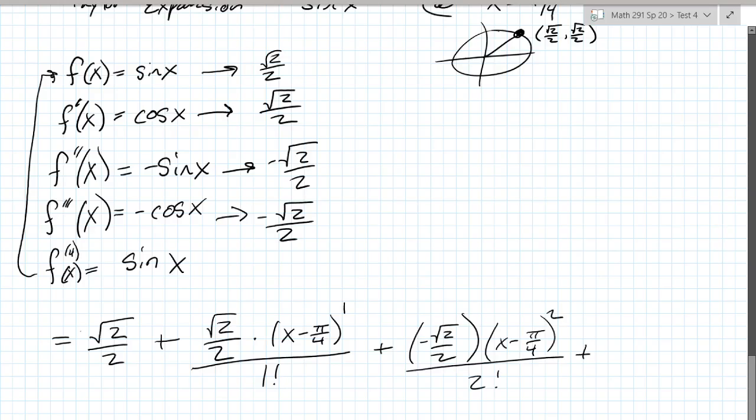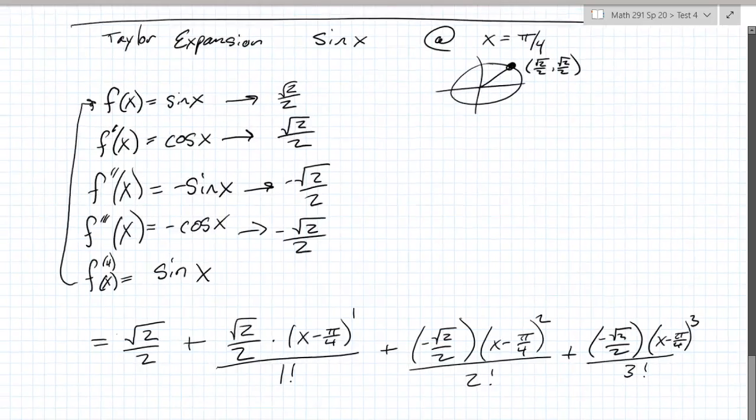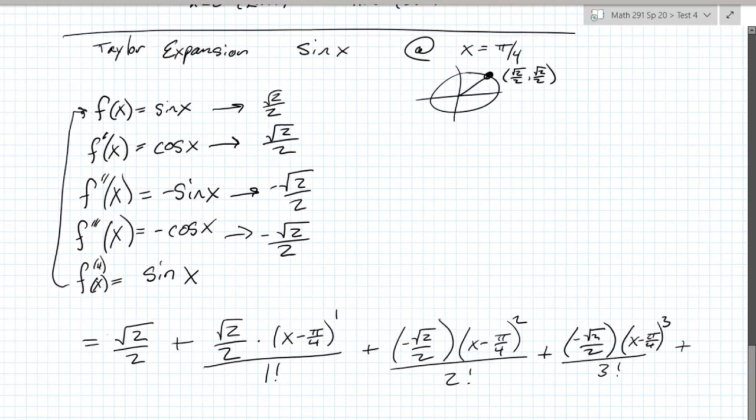There's our 2 factorial. It's a little too big. Negative square root of 2 over 2 times x minus pi over 4 to the third. So this is our third derivative information right there. 3 factorial. And then so on.